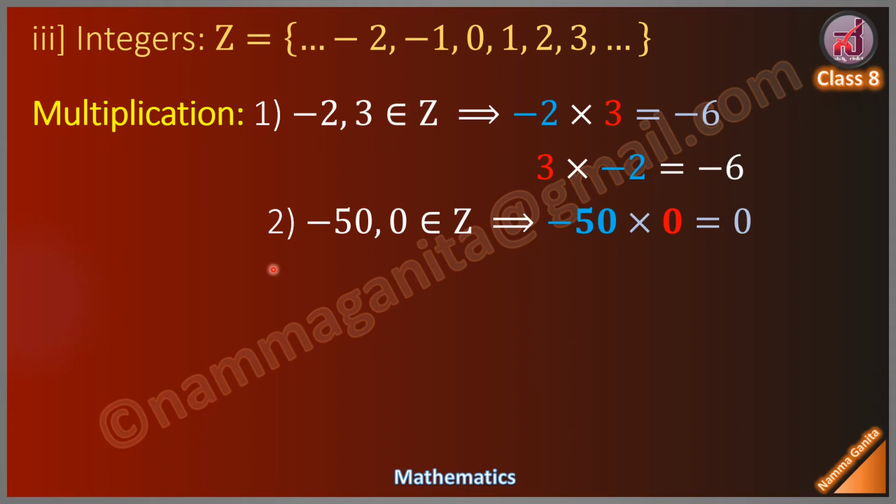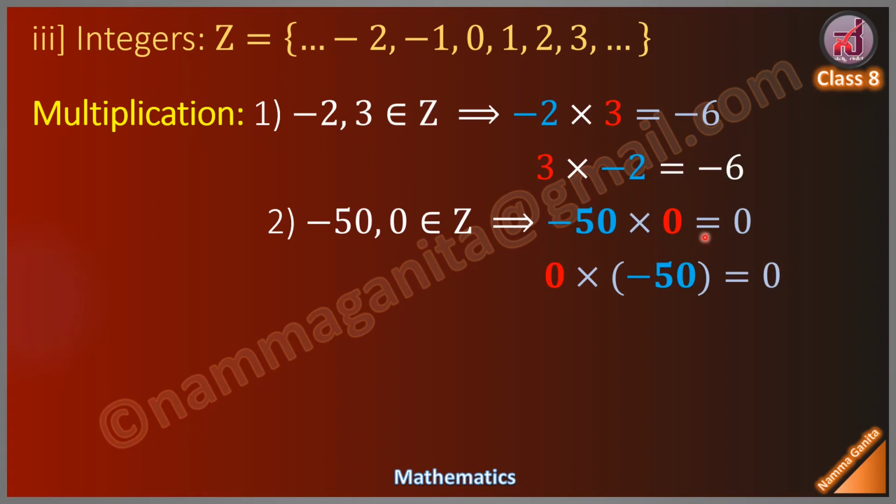Now consider the second example. Minus 50, 0 belong to Z implies minus 50 into 0 is equal to 0. Now 0 into minus 50 is equal to 0.